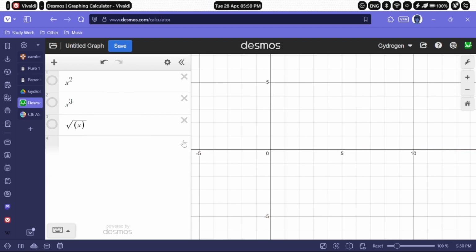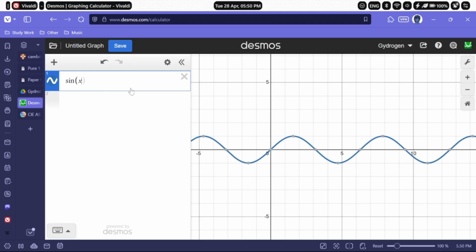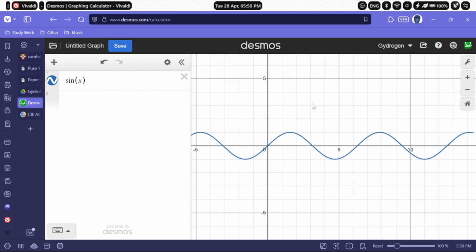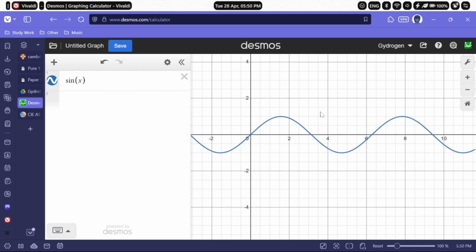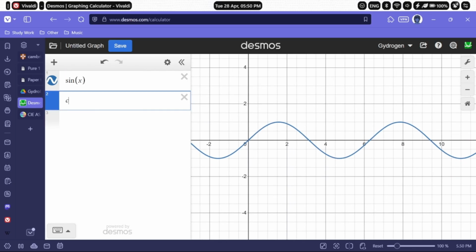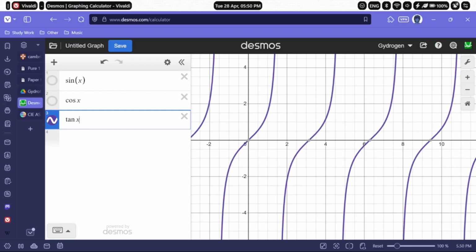Then you obviously need to know your trig functions. I'm going through all these functions because if you get a question related to functions, the best way is to sketch it if you can. Cos x is basically this, and then you have tan x, which should have an asymptote at x is equal to 90 degrees, for example.